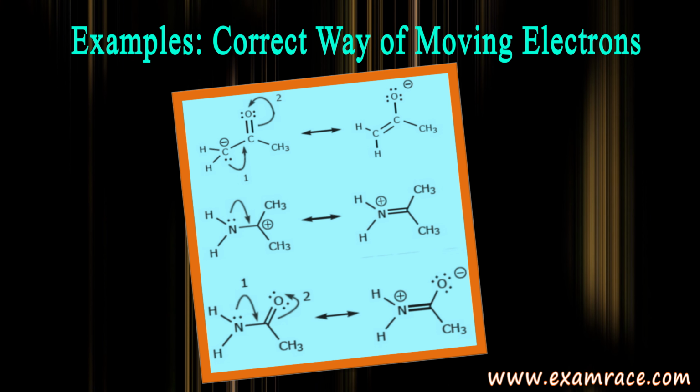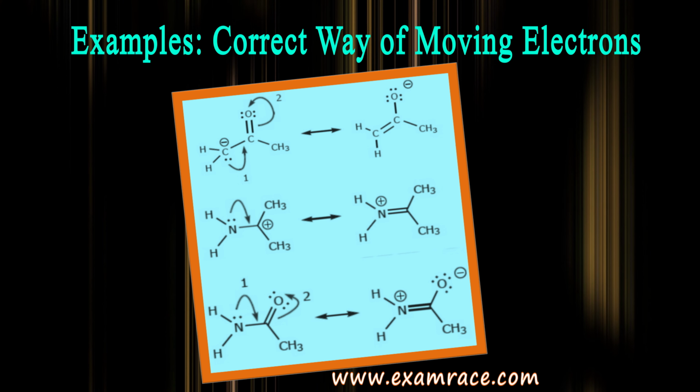Similarly, in this figure you can see that the nitrogen has a lone pair, and because it is more electronegative also, this lone pair will make a bond between carbon and nitrogen. It will have a double bond, or we can say a pi bond, and nitrogen, because it has given its lone pair, will have a positive charge.